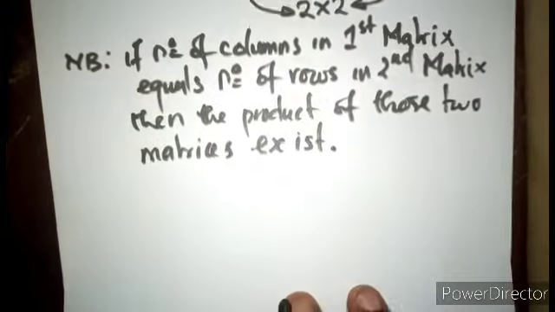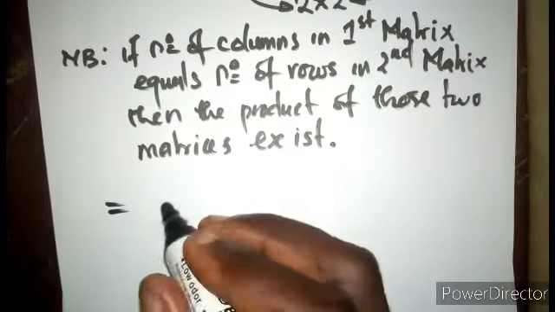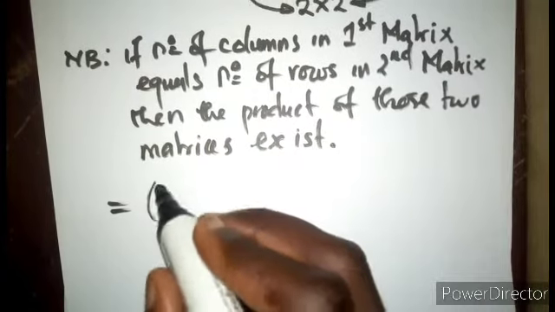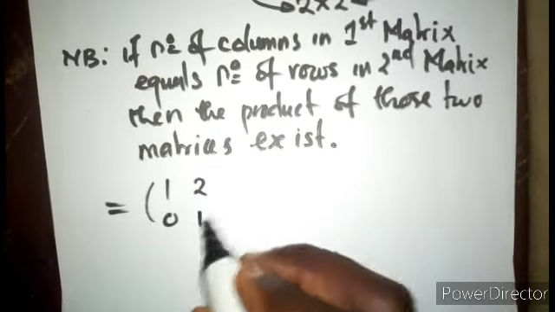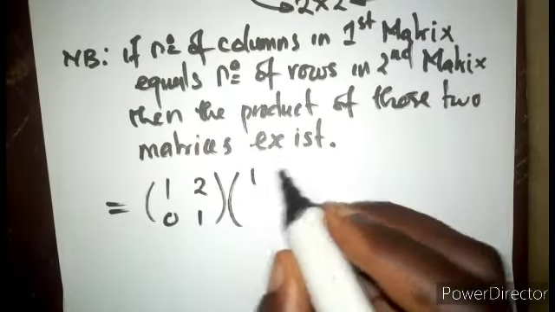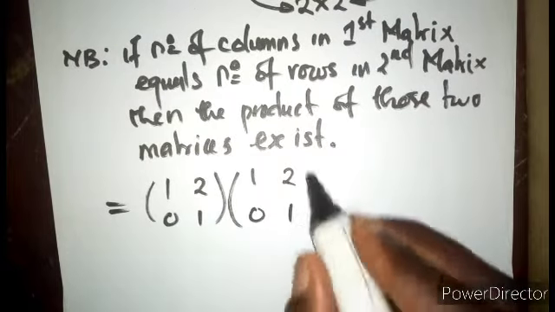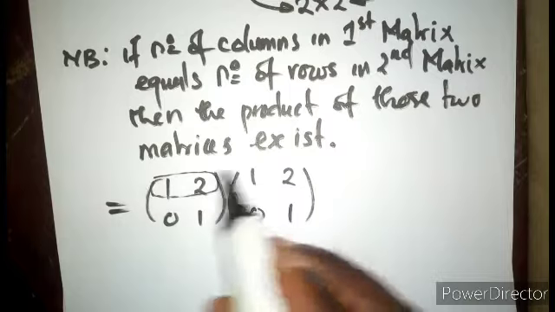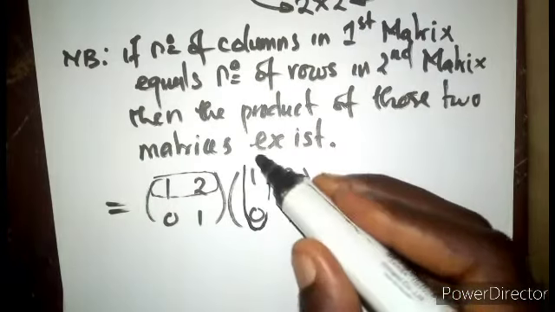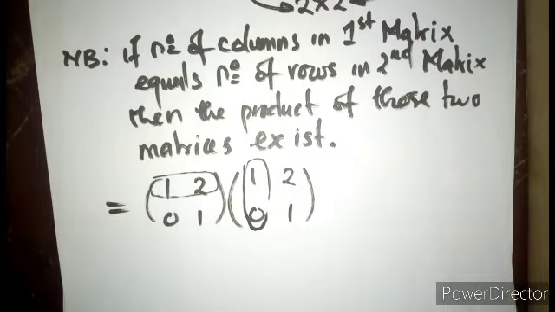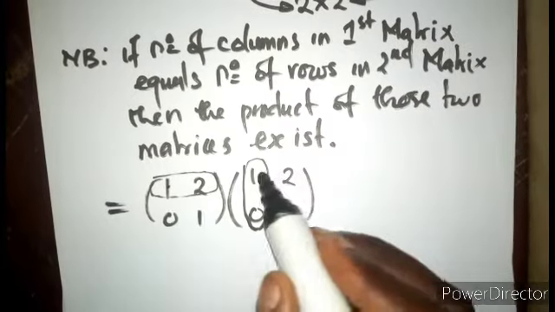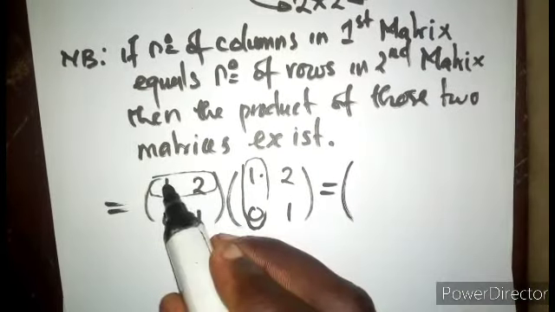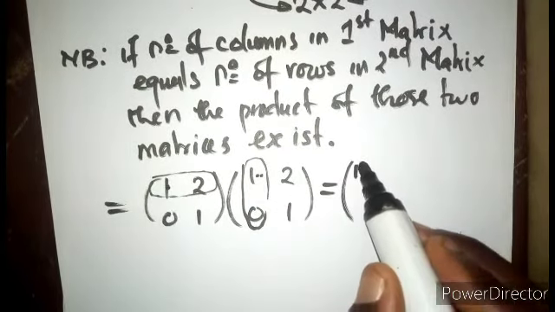Good. So back to our problem, we have [1 2; 0 1] times [1 2; 0 1]. Now remember, it is row times what? Column. So we do 1 times 1, that's 1 times 1.